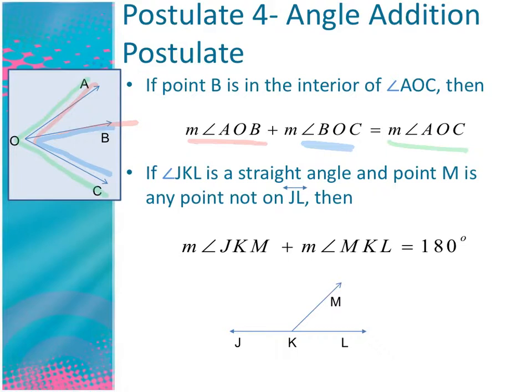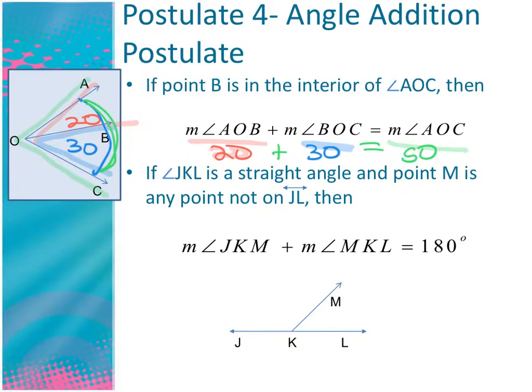So let's say I put some numbers in here. Let's say I told you that the measure of angle AOB was 20, and the measure of BOC was 30. I can figure out that the measure of AOC, this whole big one, is going to be 20 plus 30, and it's 50.